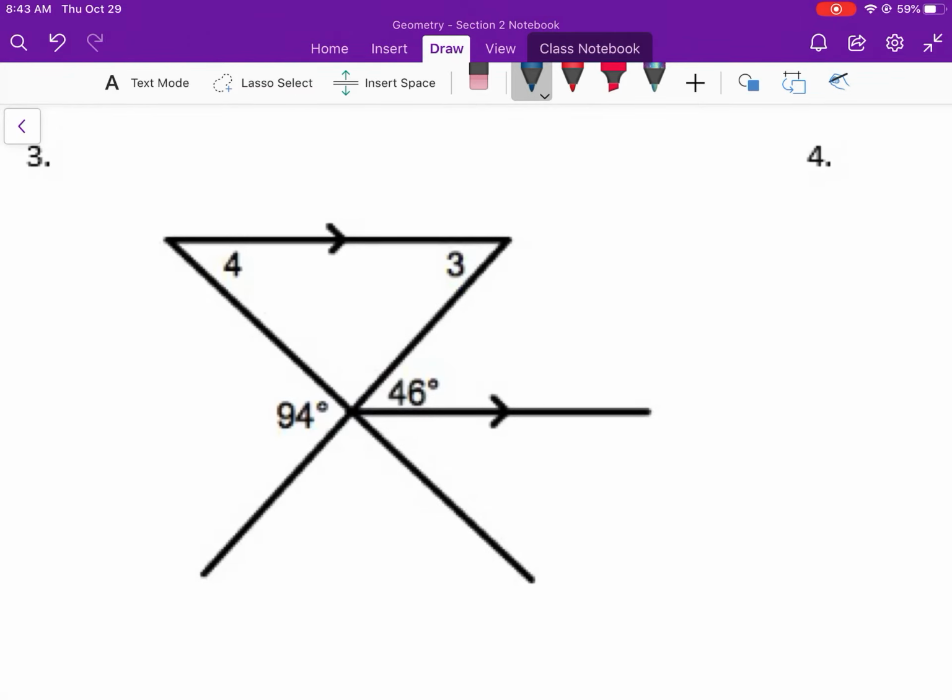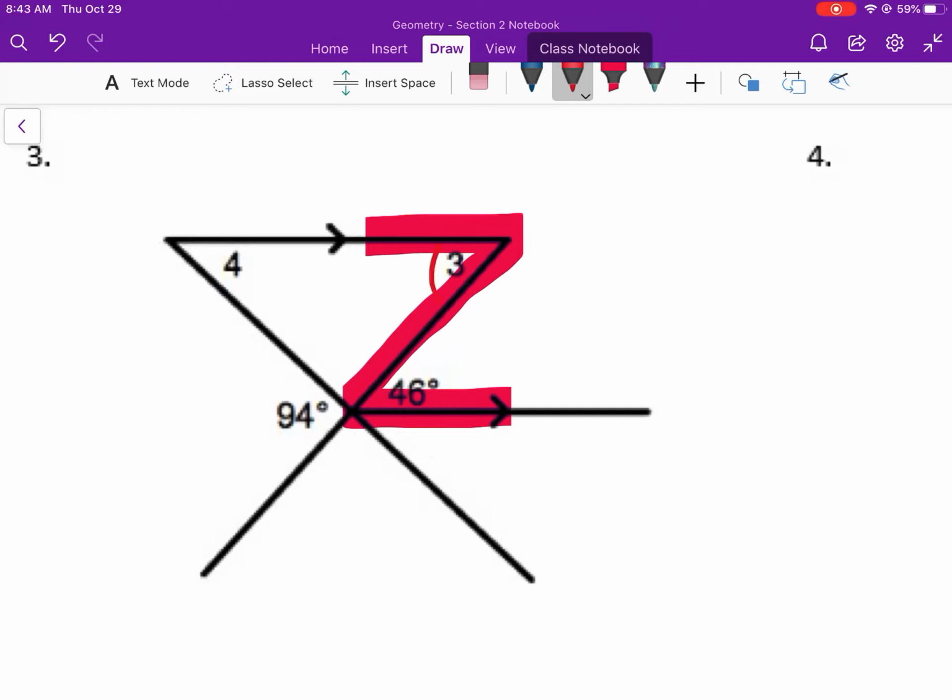I got parallel lines. Oh, I see the Z, right? So that means this angle 3 is 46, right? I know that this angle right here and 94 add up to 180. They're supplementary, so 180 minus 94, I already did that once, is 86.